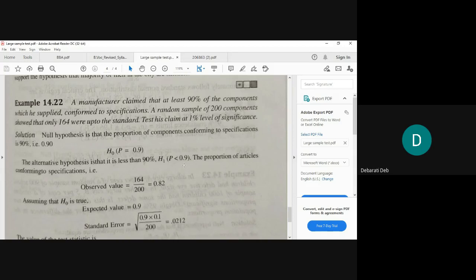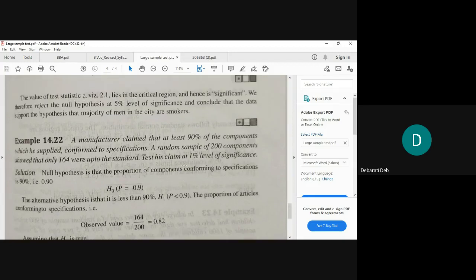Is 164 90% of 200? No, ma'am, it is less. So, seeing the real data, you have to understand whether it is the second type or the third type.